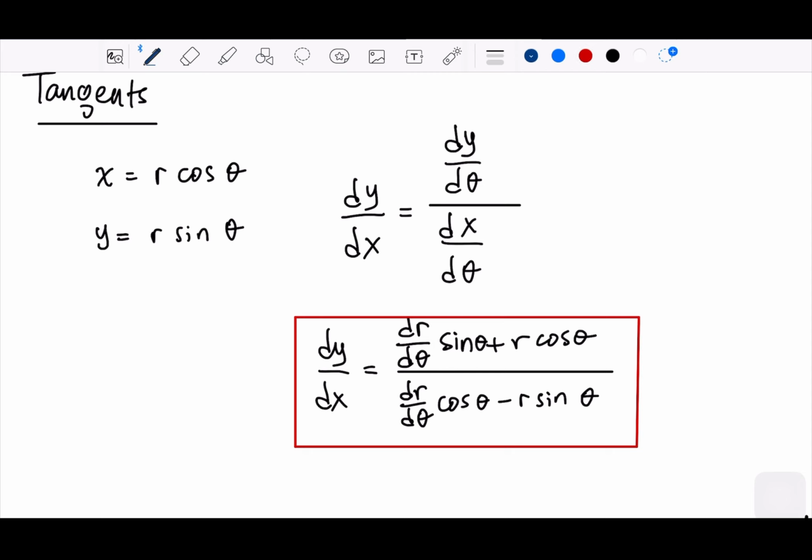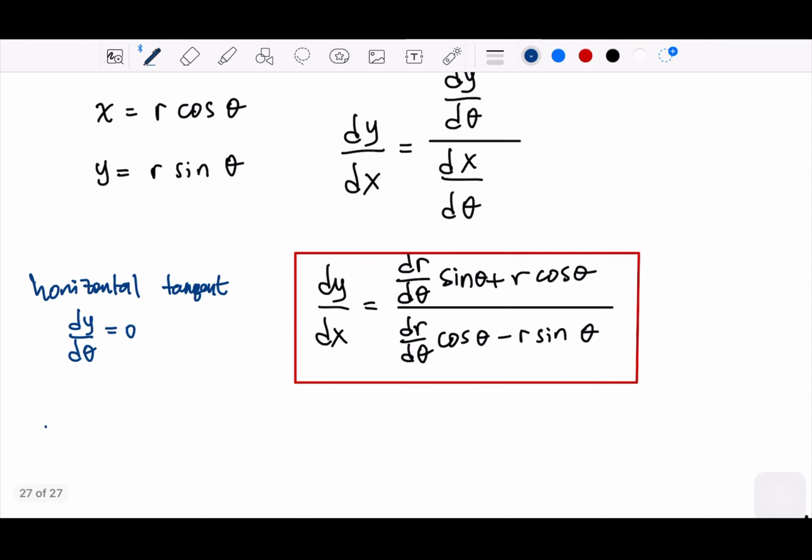And of course, very similar to parametric, we could also find the horizontal tangent, where the dy d theta is 0, or the vertical tangent, where the dx d theta is 0.